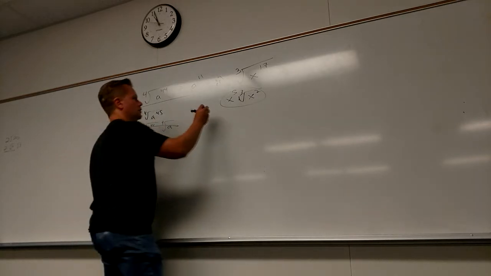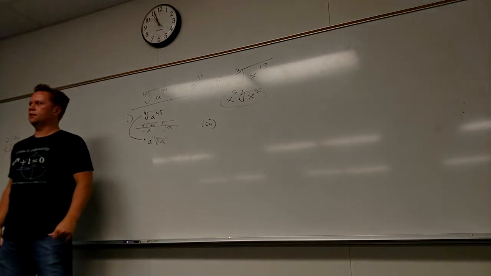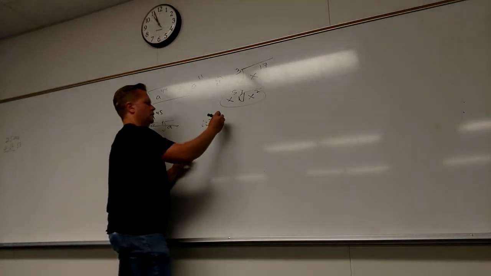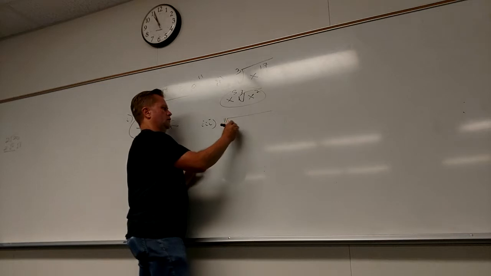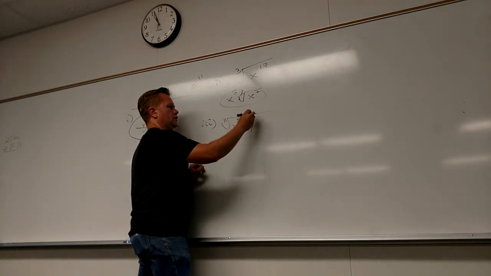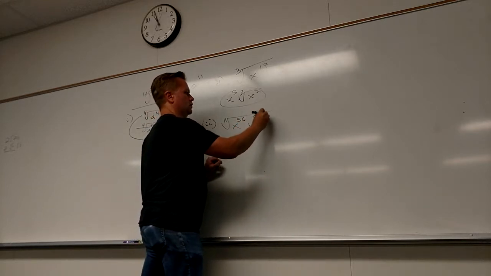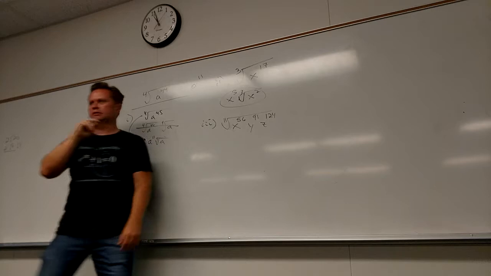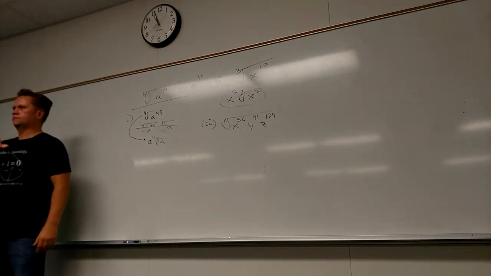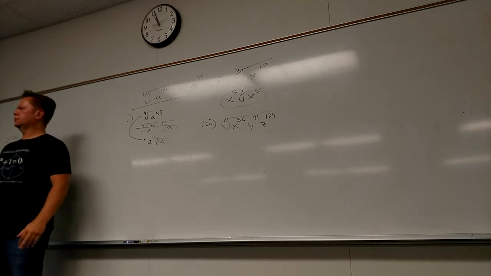I'm not going to say anything kicks ass here. Don't get too excited. Okay. So what about the 11th root of x to the 56, y to the 91, z to the 124. Oh, calm down. Those numbers are easy.